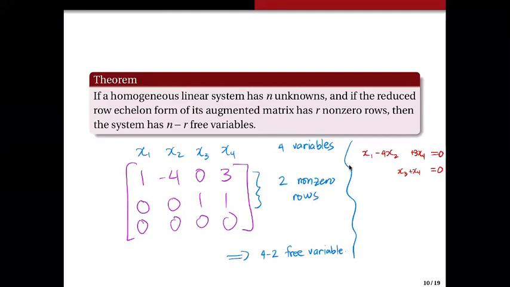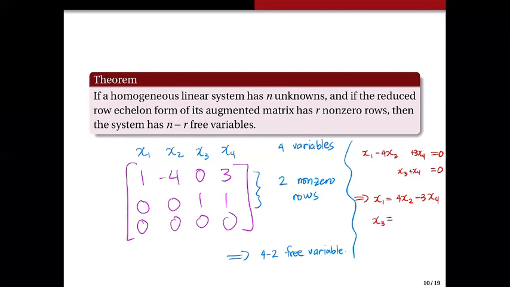So notice, your first equation has the variables x1, x2, and x4. So we can write x1 in terms of x2 and x4. You will have x1 equals 4x2 minus 3x4. For the second equation, you have x3 and x4. We can write x3 in terms of x4.